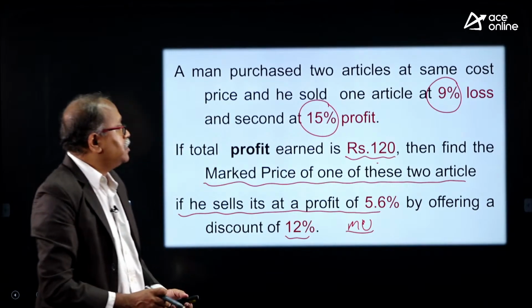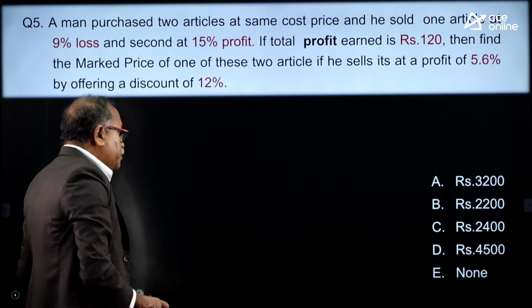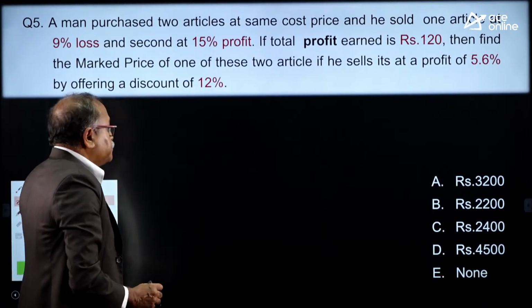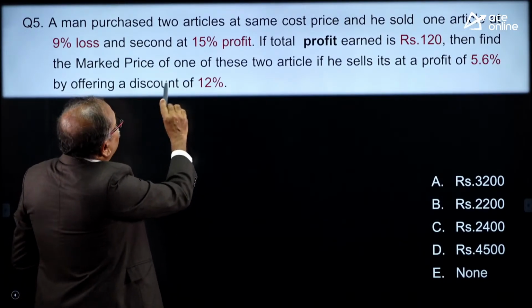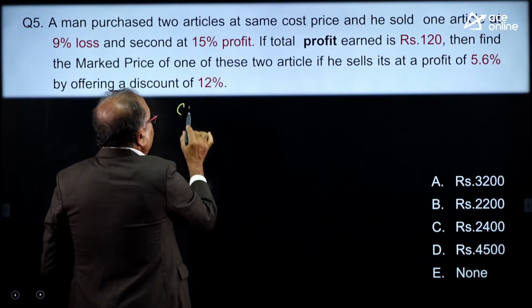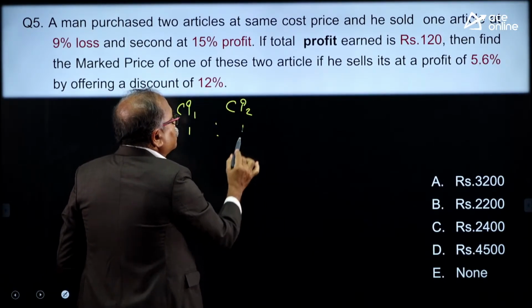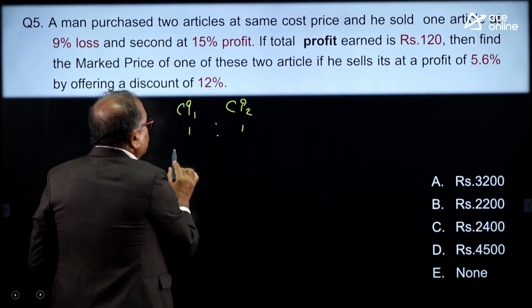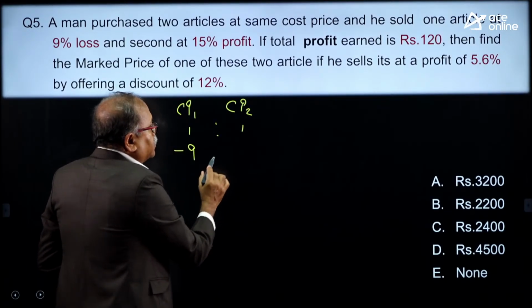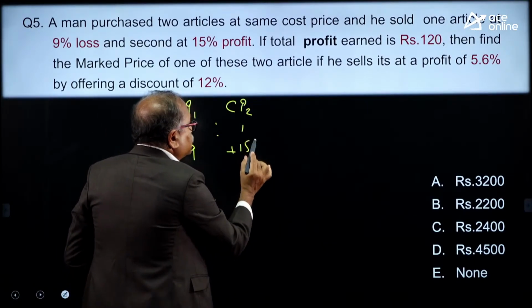Okay, fine, my dear friend. Here is your question, and let me give you some clue. What is the overall profit? In one case, CP1 and CP2, what is that ratio? 1:1 ratio. In one case there is a 9% loss and in another a 15% profit.